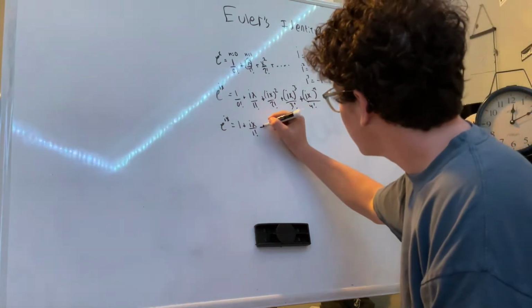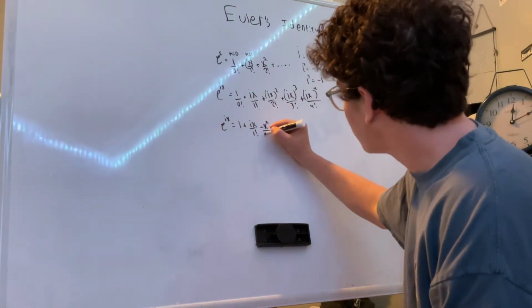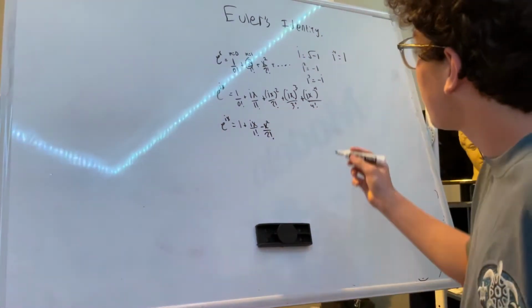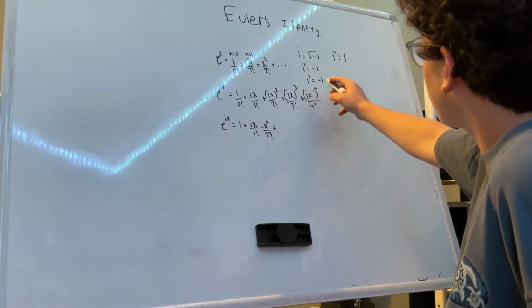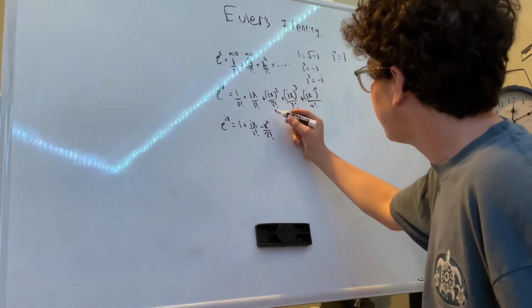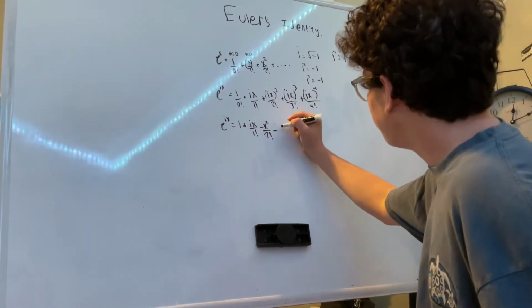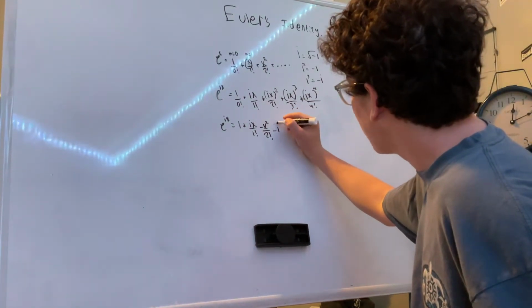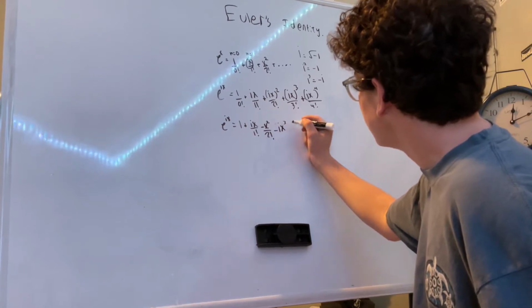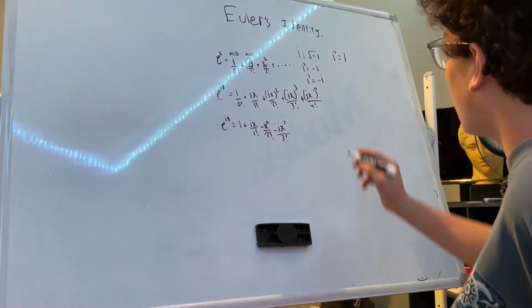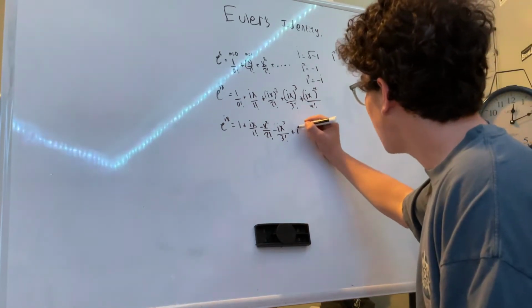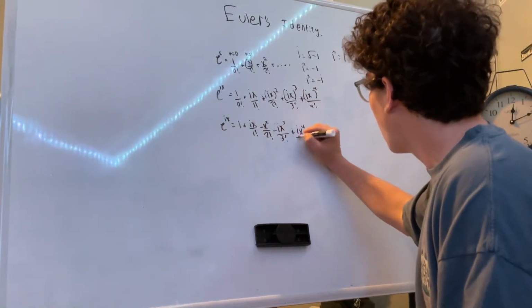So we're going to have minus x squared over 2 factorial. Now we have plus, what's i cubed? i cubed is negative i. So now we're going to have minus ix cubed over 3 factorial. And now we're going to have i to the 4th, which is just plus x to the 4th over 4 factorial.